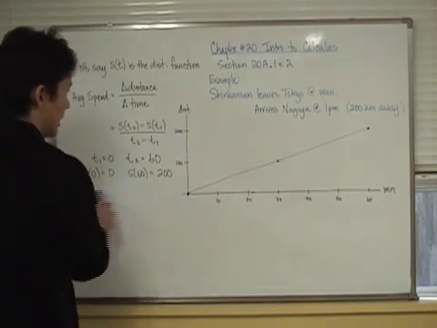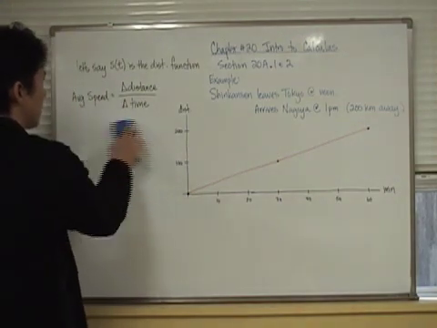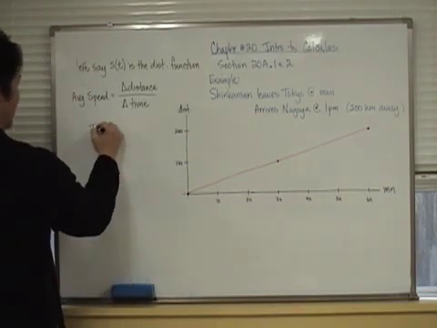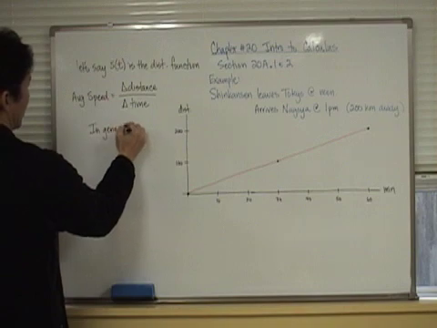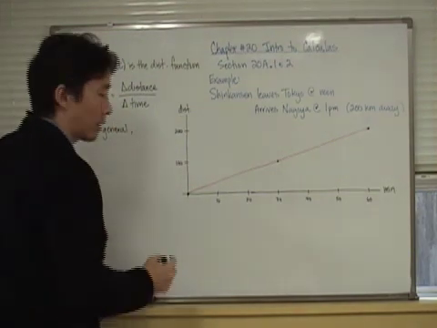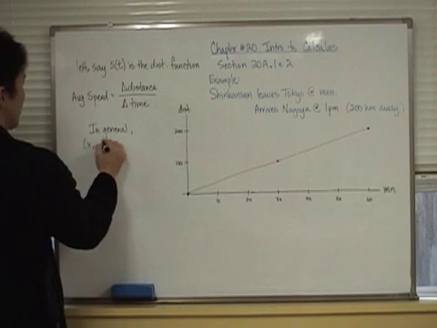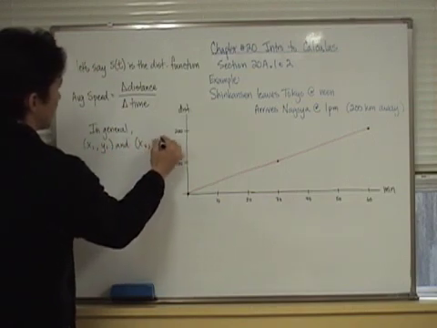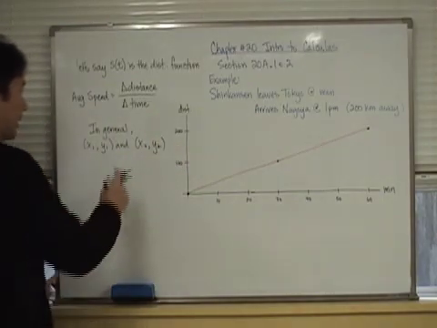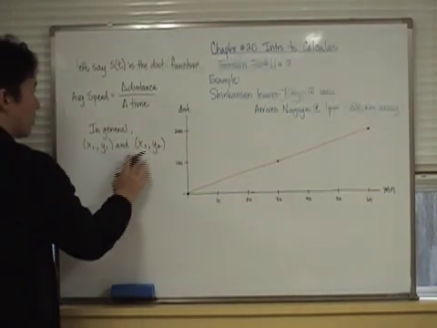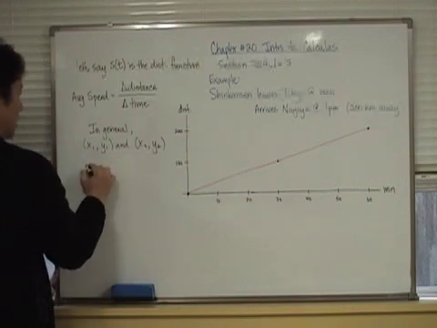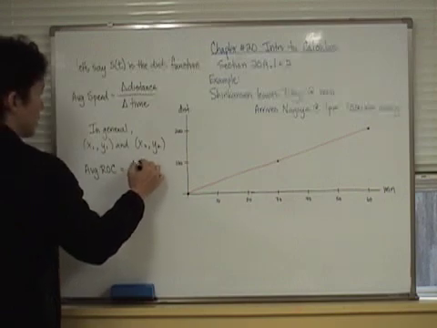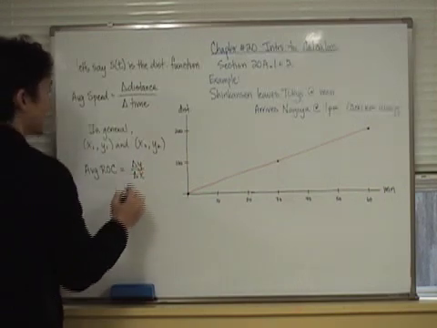So let's erase this. What we want to be able to say, in general, is that if you're given any 2 points, let's say x sub 1 and y sub 1, and another point which is x sub 2 and y sub 2, and I calculate the average rate of change and how quickly these things are changing, the average rate of change is still going to be the change in the y values divided by the change in the x values.